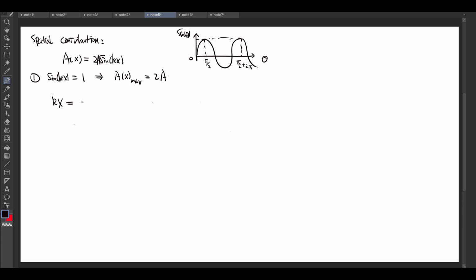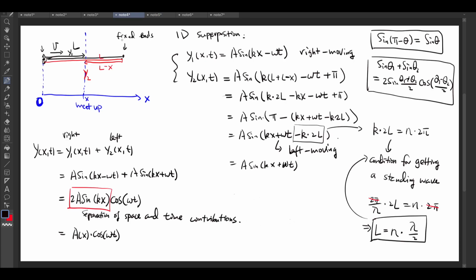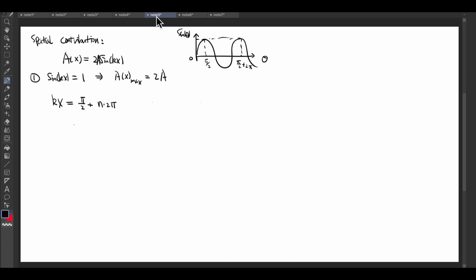So we have pi over 2 plus an integer number times 2 pi. And because we're considering, according to our coordinate system, positive x, so n equals 0, 1, 2, 3, etc. Now these positions, if I solve for x here, I get xn.